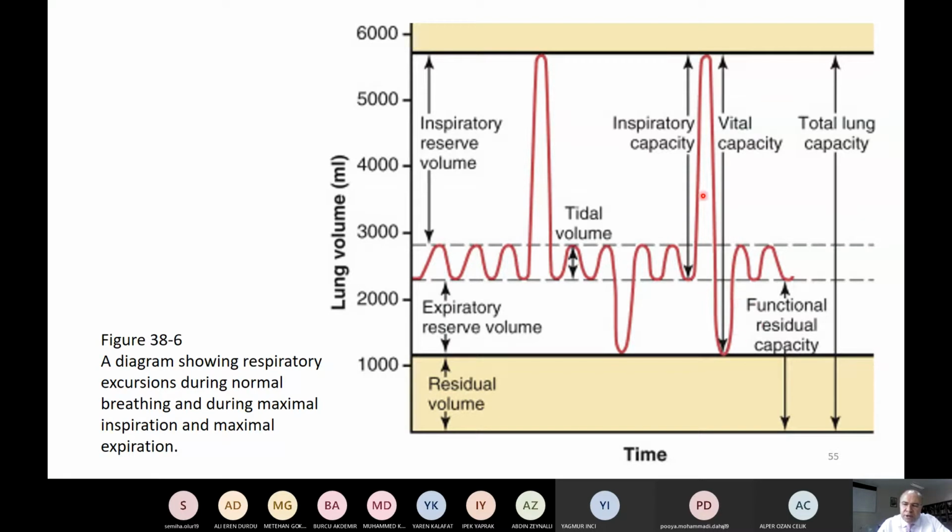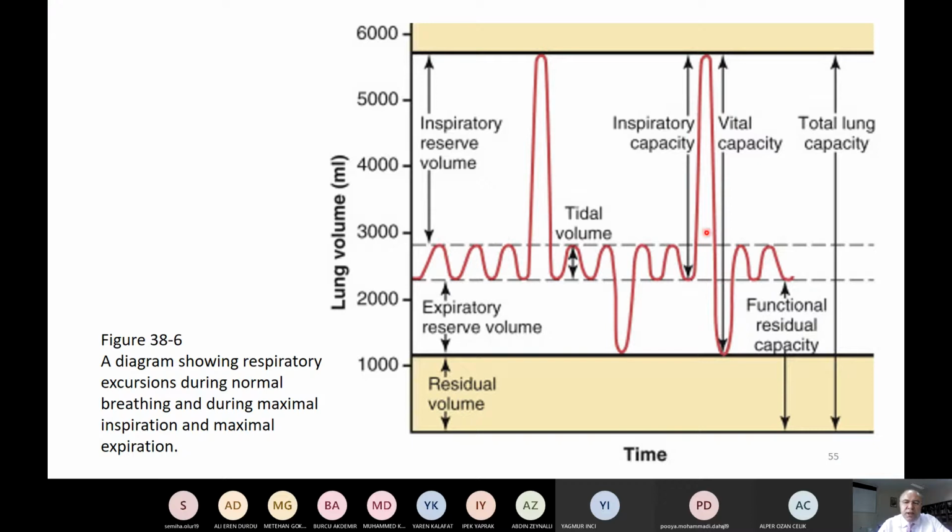So 3500 and 1100, altogether 4600 milliliters. When we are measuring the vital capacity, we ask the patient, take as much as you can and give as much as you can. Take your deep breath as much as you can, and then give this air out as much as you can.